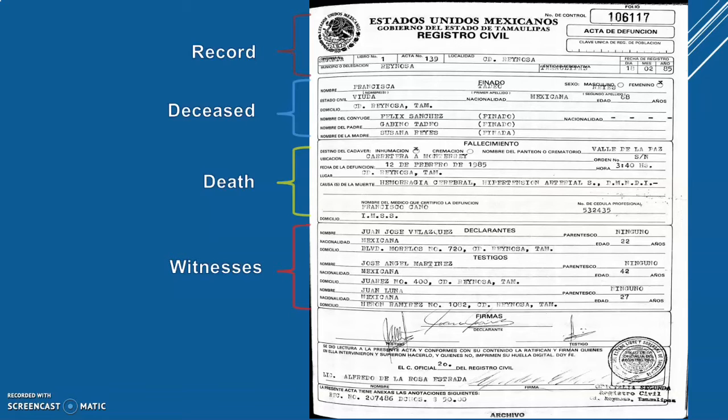The last portion, you have a declarant, who is the person reporting this death. And then you have the witnesses, with some brief information about them, their age, where they're from, whether they're related or not. And of course, the last portion is the signatures.